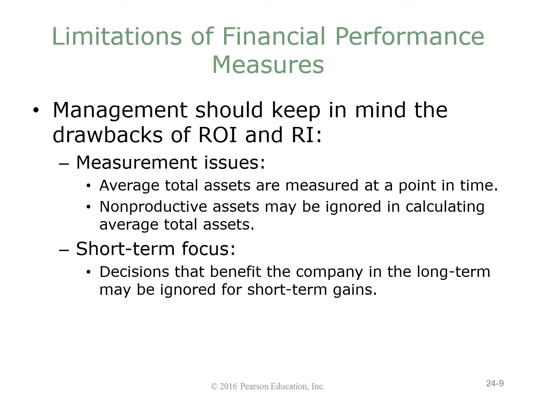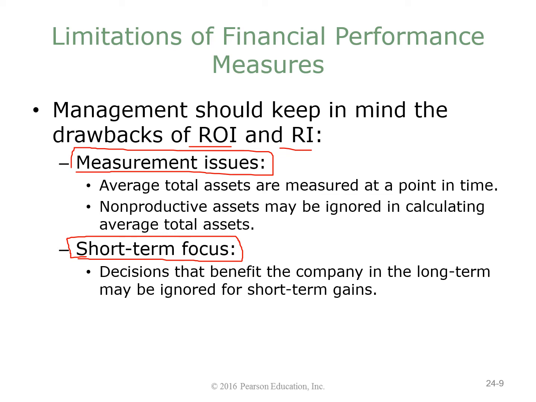What are the main limitations of the financial performance measures? Management should keep in mind that the drawbacks of ROI and RI are related to two main issues: measurement issues and short-term focus. Let's see what we mean by the measurement issue.